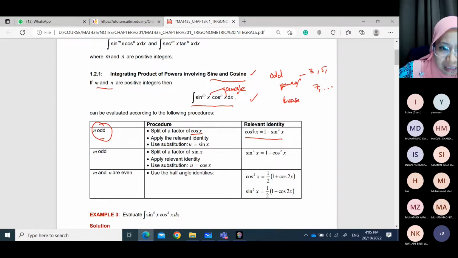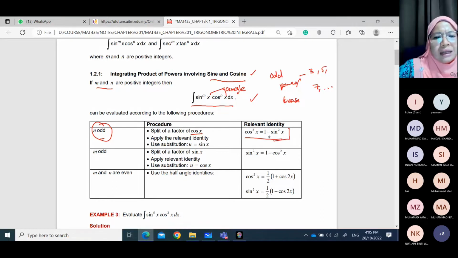So kita akan gantikan cosine kuasa 2 dengan terms yang ini, iaitu 1 minus sin square x. Okay. So again, if the power of cosine is odd, we need to split off a factor of cosine x. So maknanya you kena faktorkan bagi cosine x. Jadi relevant identity yang berkaitan dengan konteks yang ini adalah yang ini.